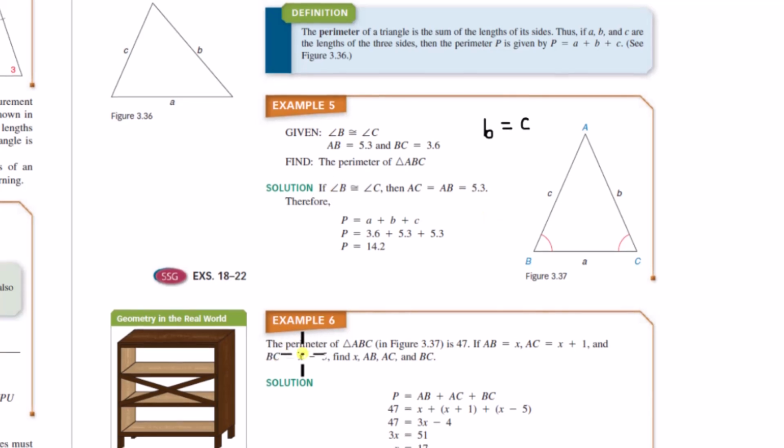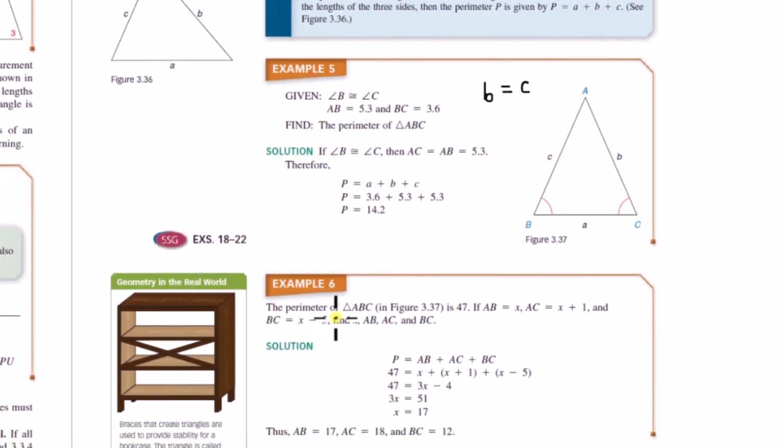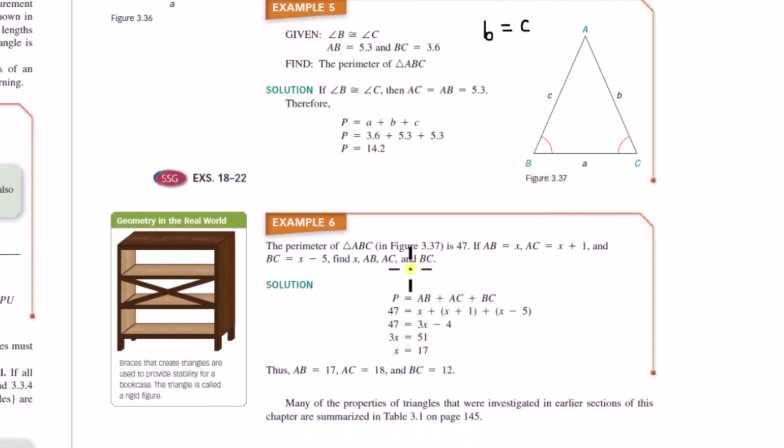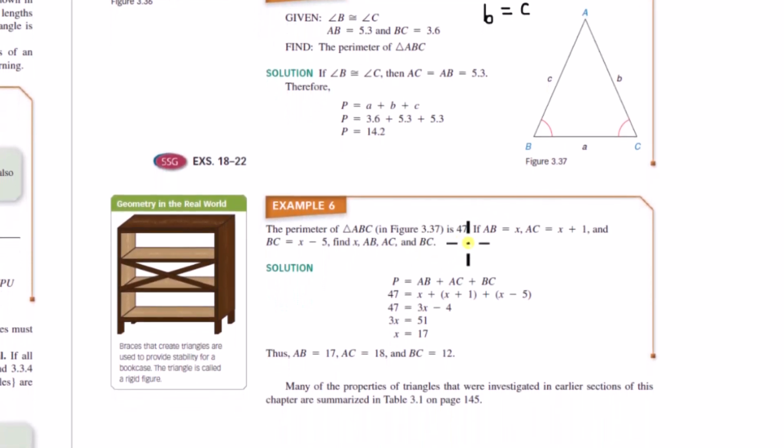All right, this next example says the perimeter of triangle ABC in the previous figure is 47. So they're giving us the perimeter. If AB is equal to x, AC is equal to x plus 1, and BC is equal to x minus 5, find x as well as the length of the sides.